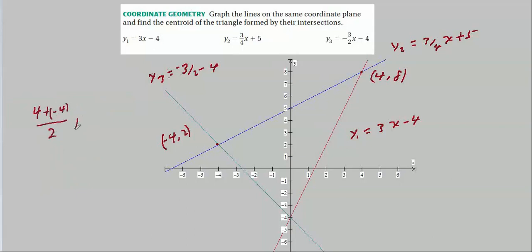And our y-coordinate is going to be 2 plus 8 over 2. Well, this is 0. And this is 10 over 2, or 5. That puts our midpoint right there at 0, 5.